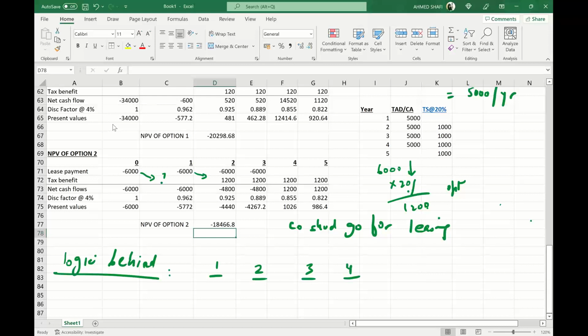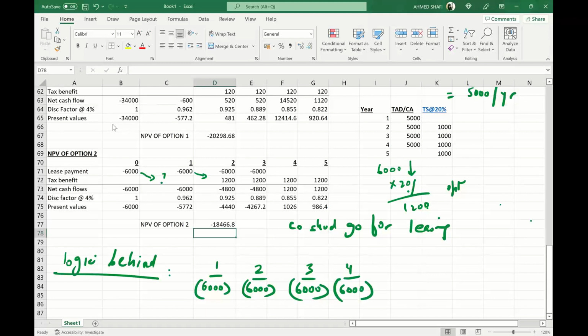and the lease payment is 6,000 per year. So officially the lease payment should have been like this: for year 1, 6,000 cost, year 2, 6,000 cost, year 3, 6,000 cost, year 4, 6,000 cost.